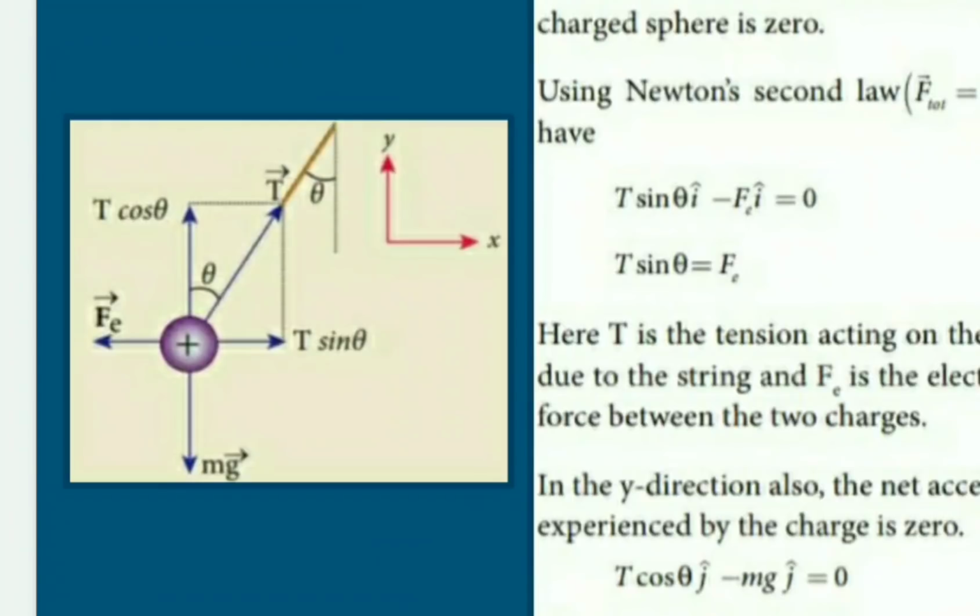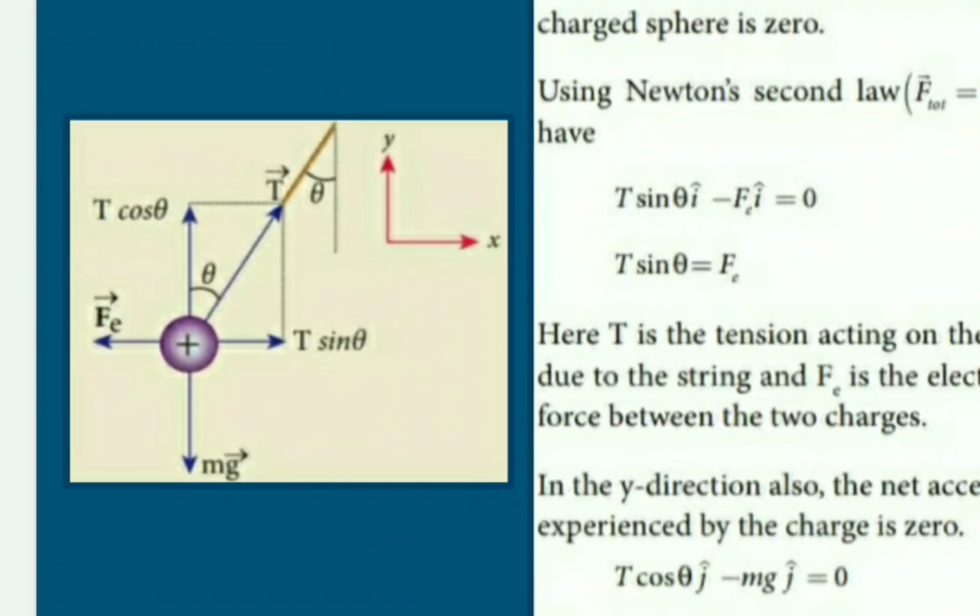Now we have to resolve T into two components as T cos theta and T sin theta. I have been seeing some children confuse the horizontal component with the vertical component all the time. They are confused about which has to be used as the cos component and which as the sin component. Please keep it in your mind. If a vector makes an angle with one side, that particular side will normally be adjacent, and that will be the cos component, and the other perpendicular component should be the sin component.